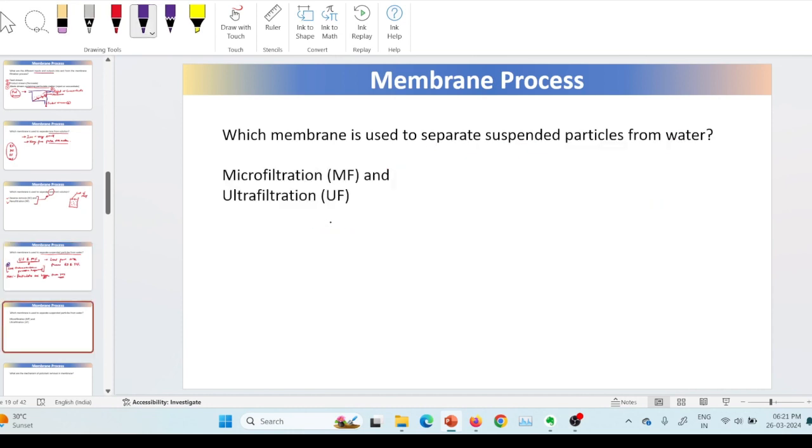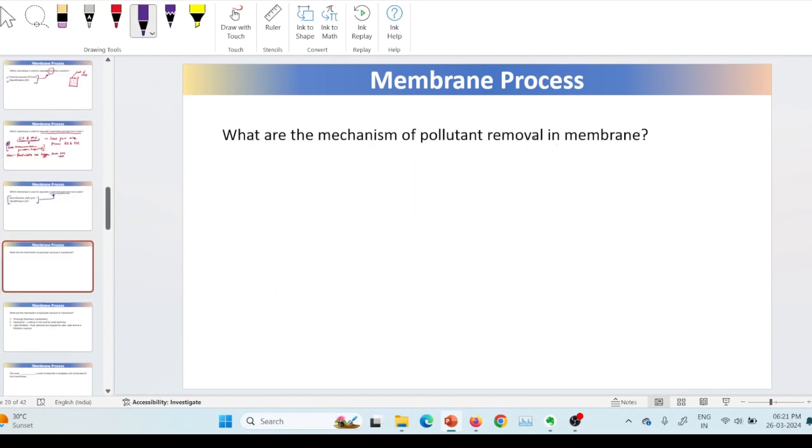So microfiltration and ultrafiltration are used to remove suspended particles from water.